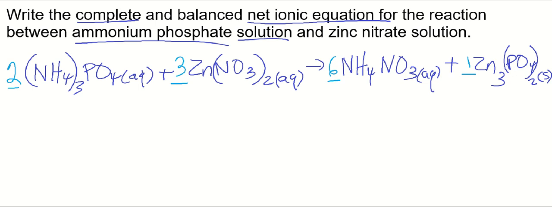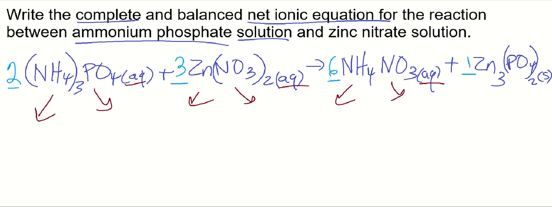Okay. Now, to write the complete ionic equation, we need to dissociate or separate all these compounds that are soluble into their ions.